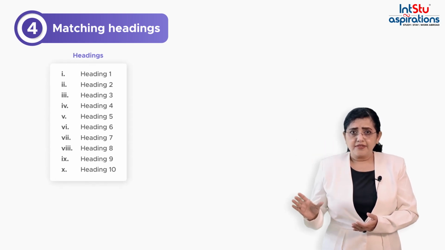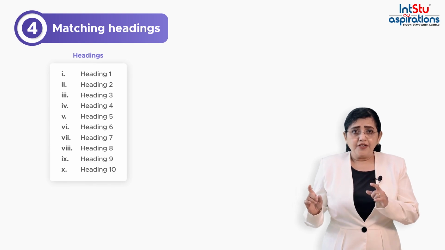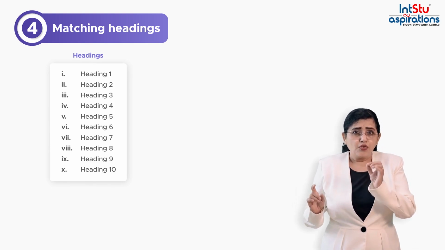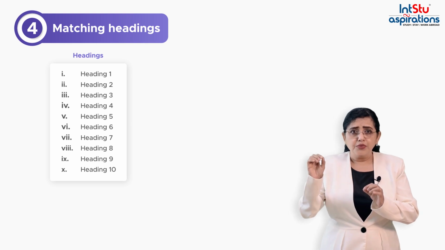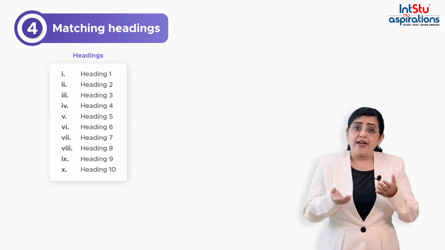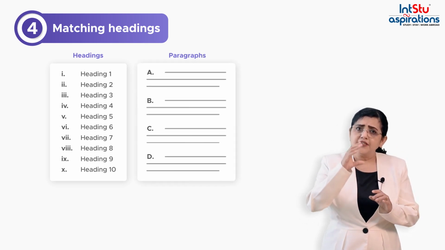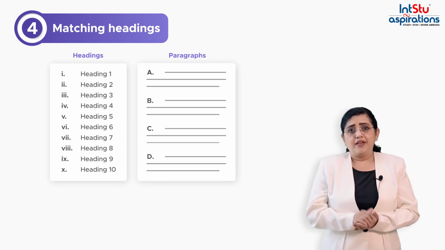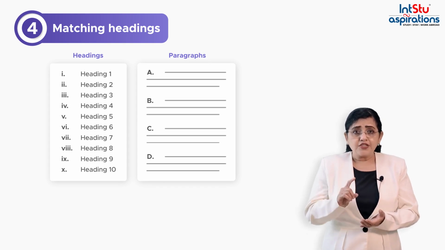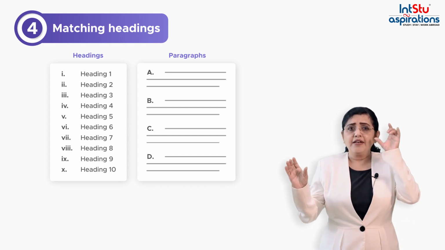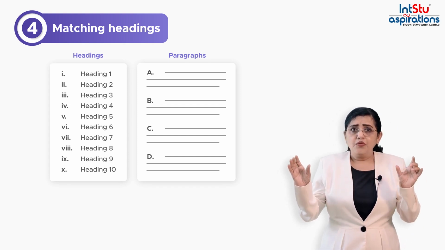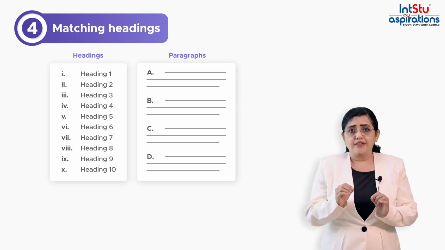The next one, matching headings. Test takers are given a list of headings, usually identified with lowercase Roman numerals like 1, 2, 3 and so on. The heading will refer to the main idea of the paragraph or the section of the text. Test takers must match the heading to the correct paragraph or sections which are marked alphabetically.